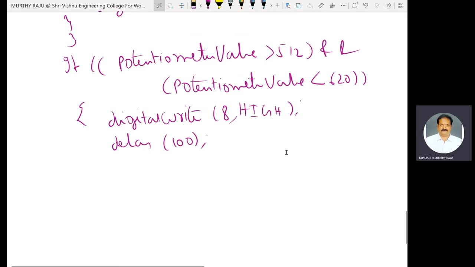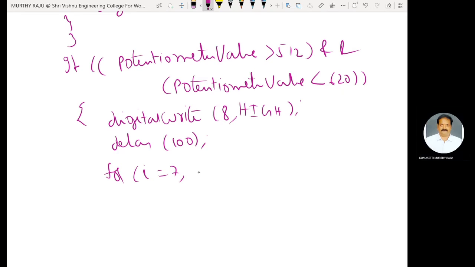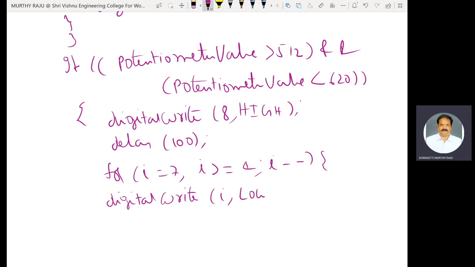The remaining pins are off. For I is equal to 7, I greater than or equal to 4, I minus minus, digital write, I low.